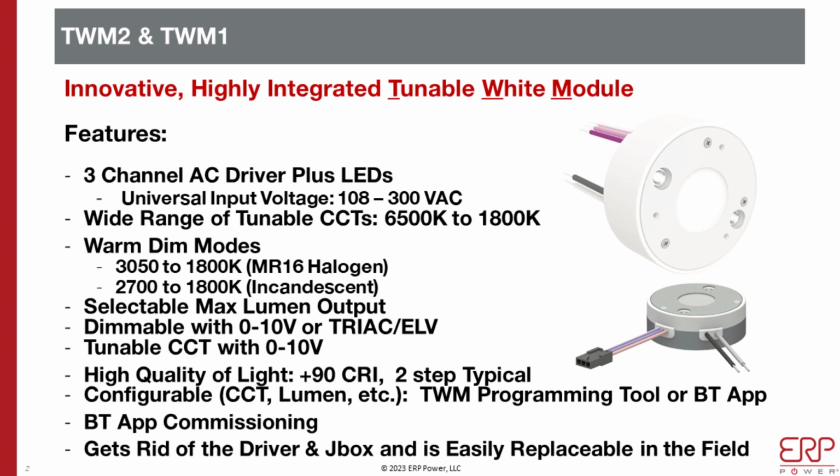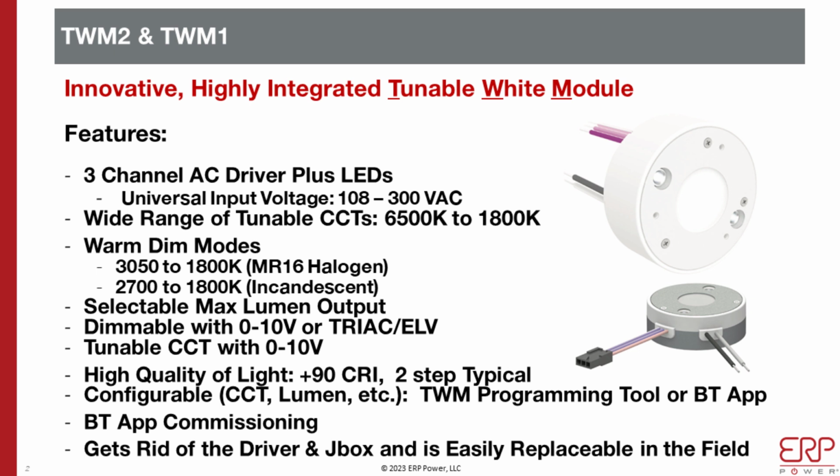So you can select the entire range, configure it, program it, and I'll go through all of that later on. It is dimmable with 0 to 10 volt, triac, and ELV, and we call them tri-mode. Pretty much most of our drivers are tri-mode, and so are these modules. Tunable CCT, as we talked about, but the key point is that the CCT tuning is done by 0 to 10 volt dimmers. So just keep that in mind. That is the only type of dimmer that you can use to control the CCT.